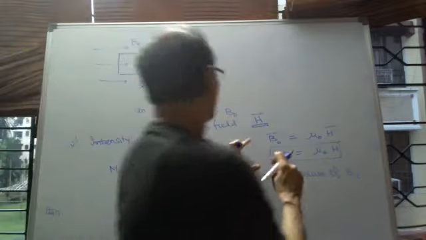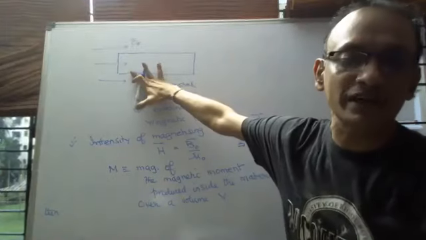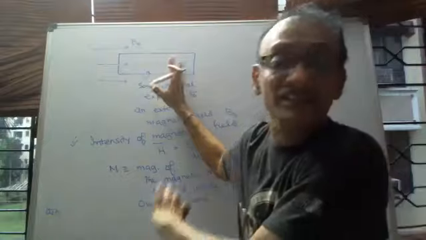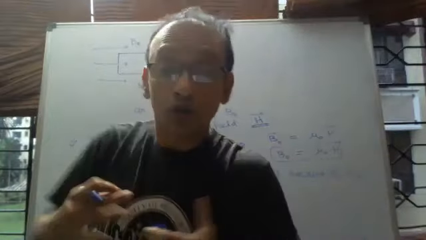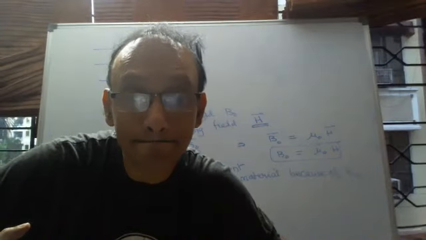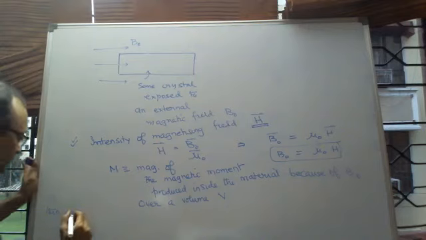So H is a measure of the field that is trying to magnetize this material. But there is some magnetization produced in this material because of B naught. Is designated by, then we define.